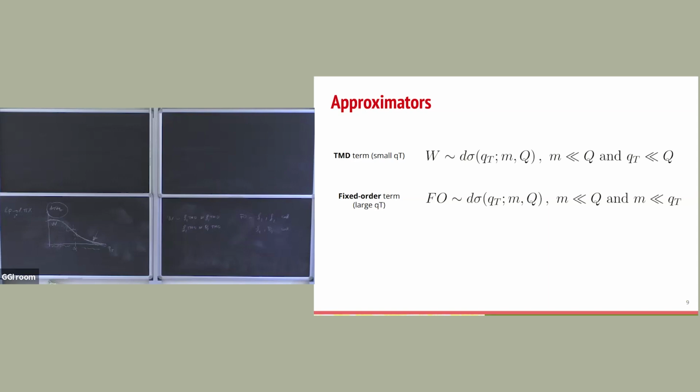But then you are in the region where Qt is large compared to the small scale of the process. So Qt doesn't need to be small; it actually has to be large compared to, say, the mass of the target.